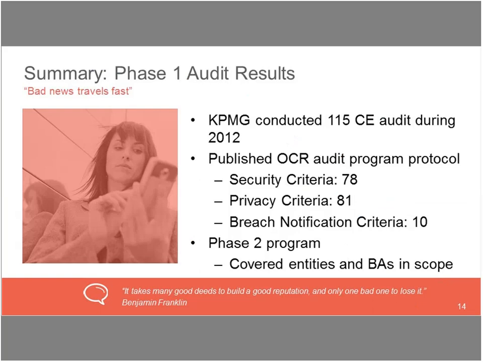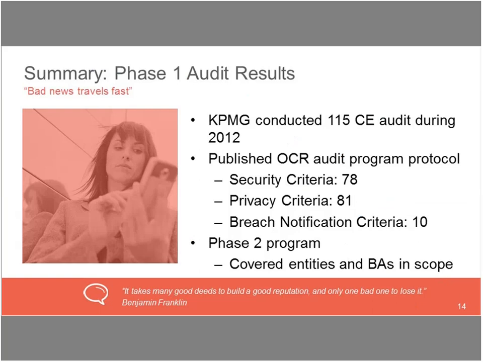As I mentioned in the very beginning, OCR first started this audit way back in 2012, and it took about 1.5 years or so for them to wrap up the whole thing. They conducted this phase 1 audit on about 115 covered entities.